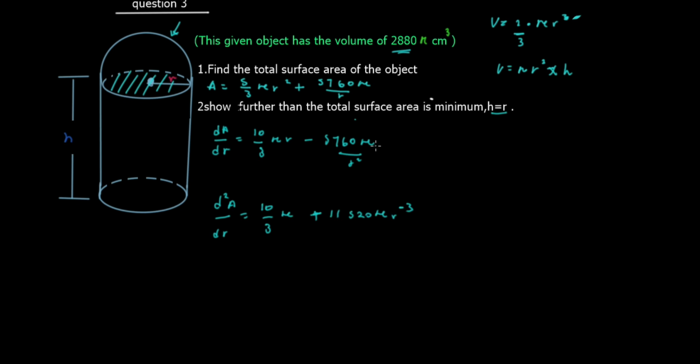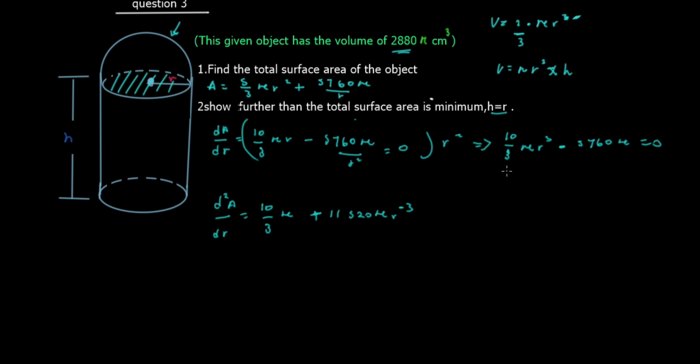Now you can find the value of r by using the first derivative by equating it to 0. So it means now you have to multiply everything by r squared. And then you're going to get 10 over 3 pi r cubed minus 5760 pi equals 0.